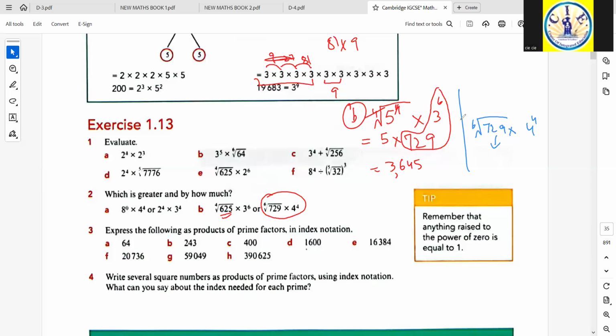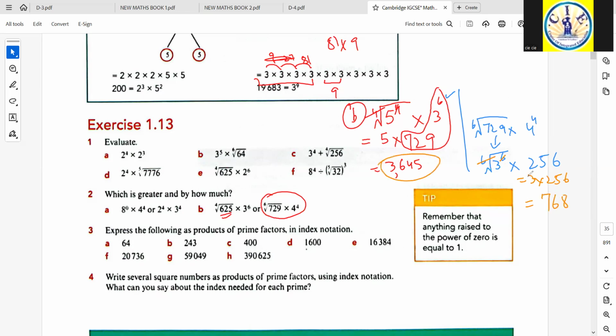Now this will give me 3 raised to power 6 and its 6th root, times 4 raised to power 4, which is 4 multiplied by itself 4 times, which is 256. So here I can cancel this 6 with this root 6. So it is 256 times 3, which is 768.